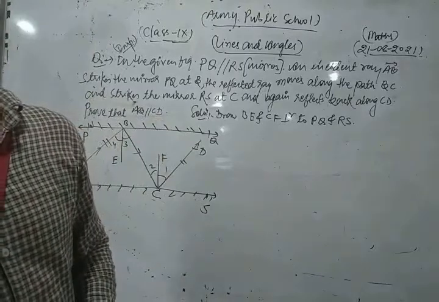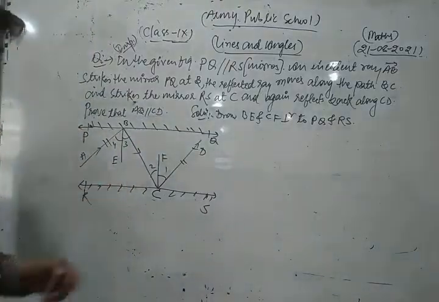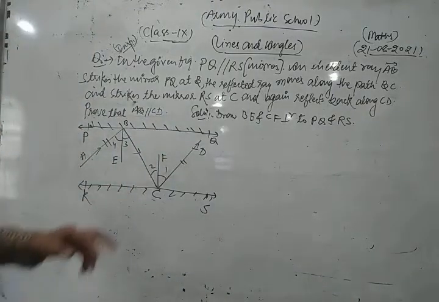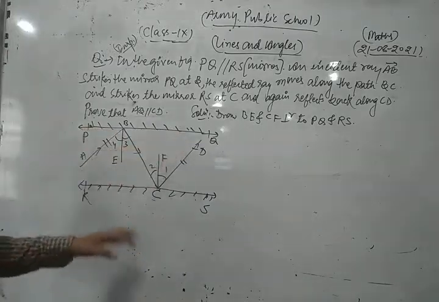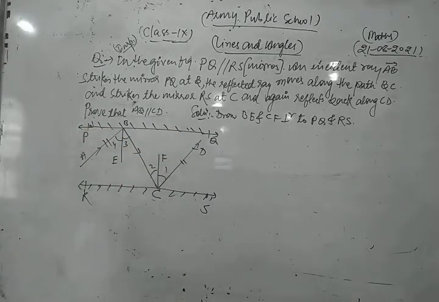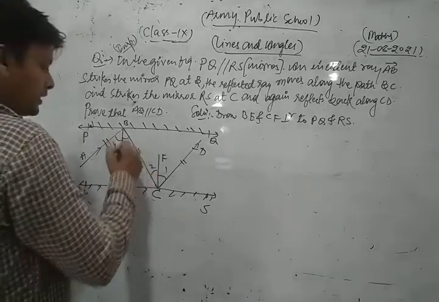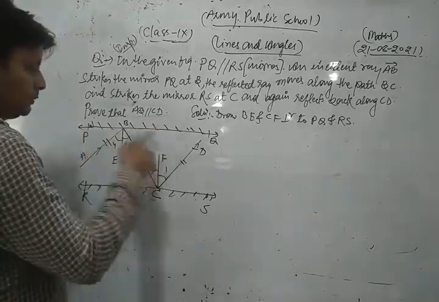Now, since BE and CF are perpendiculars to the parallel lines PQ and RS, therefore BE is parallel to CF.